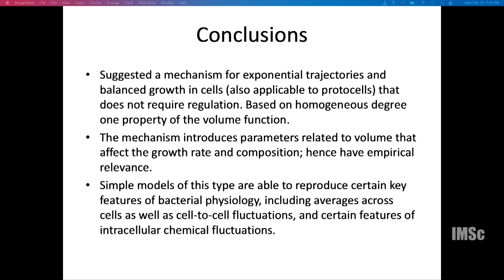I will simply conclude here by saying that there seems to be a simplicity underlying a very complicated dynamical system. And this simplicity is something which is first phenomenologically visible, through these exponential trajectories that bacteria have, and through the balanced growth that bacteria have, and this observed phenomenon basically leads us to understand the underlying mathematical simplicity behind these models.